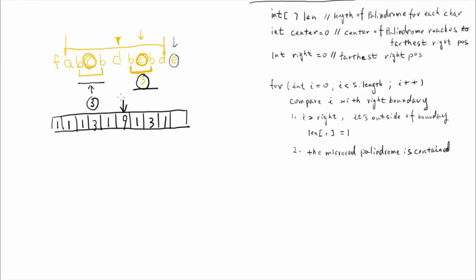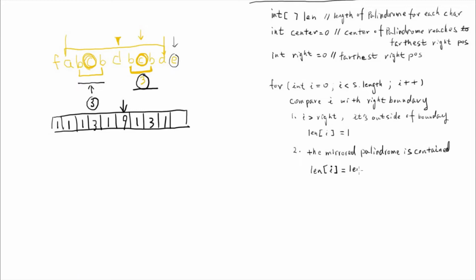That implies that at the current letter C, the palindrome we can find is also contained within the boundary. In this case, we will assign the initial length to the length of the mirrored character.